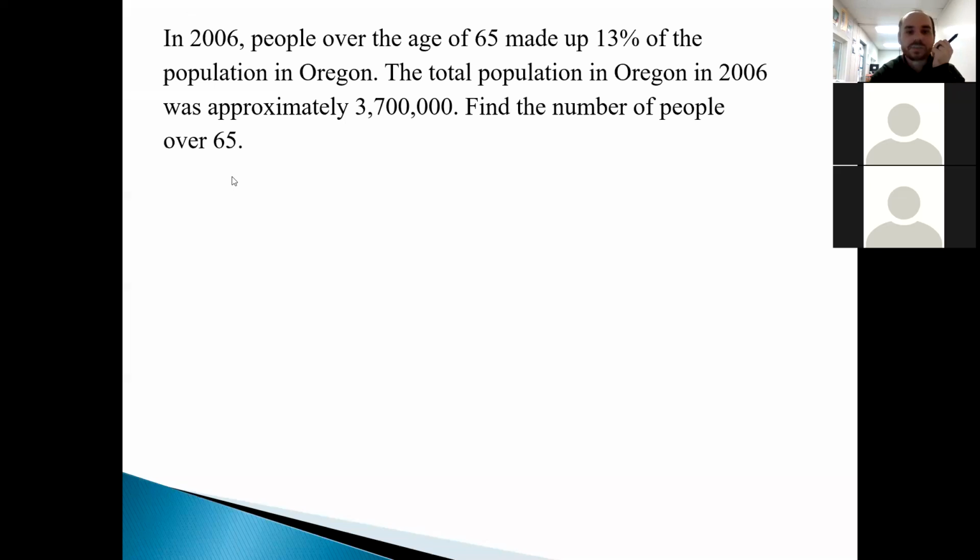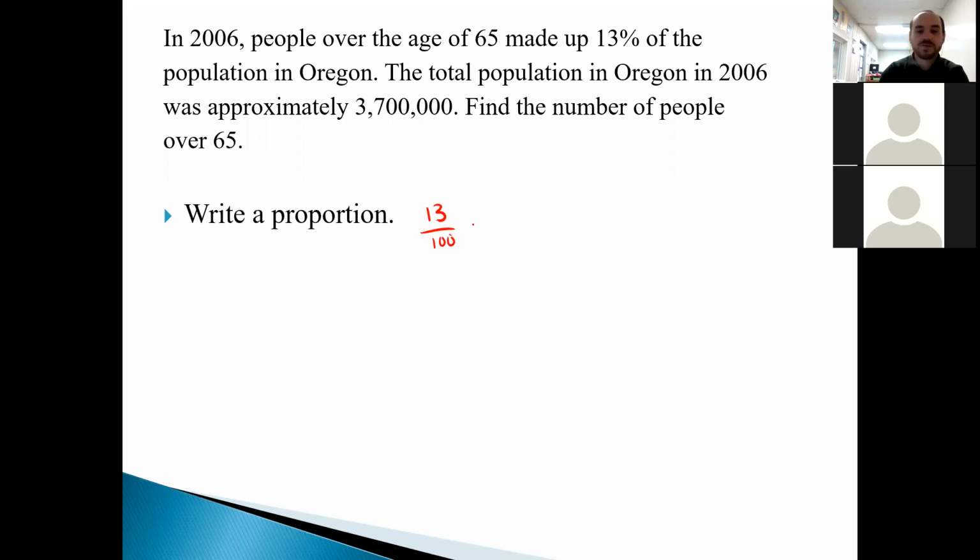So the first thing we want to do is write a proportion. First of all, what is our percentage as a fraction? 13% as a fraction is 13 over 100.